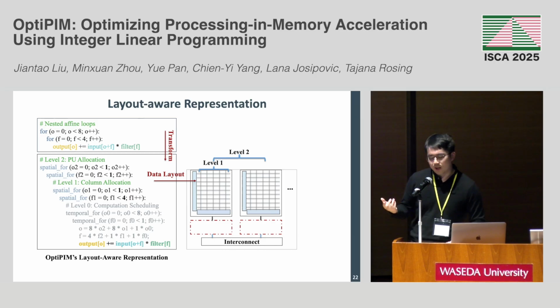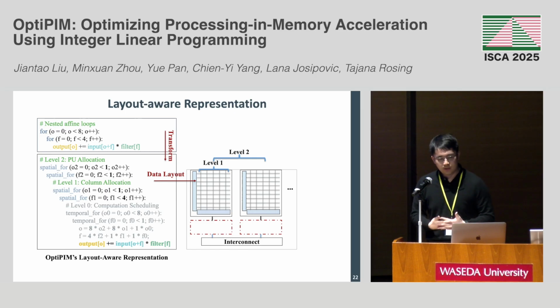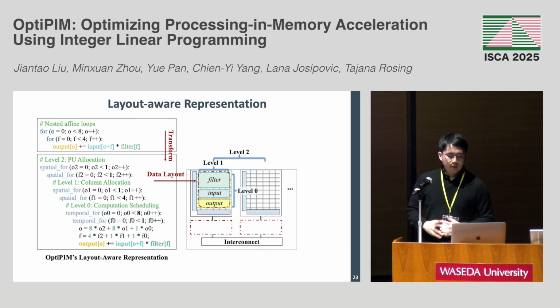This similarly dictates how many columns are utilized in each bank during the execution, and we can get the actual number of columns from the loop bound. In this example, we have 1 times 4 columns utilized. And then lastly, the last level, together with the indexing function, as I explained, determines what results are actually stored in each column and in which order the computations are conducted.